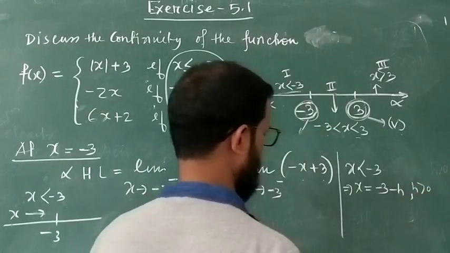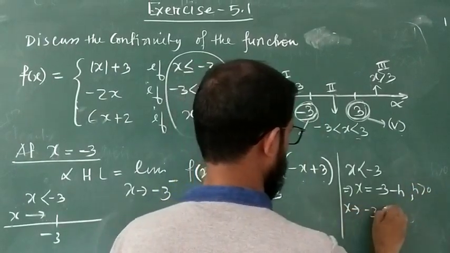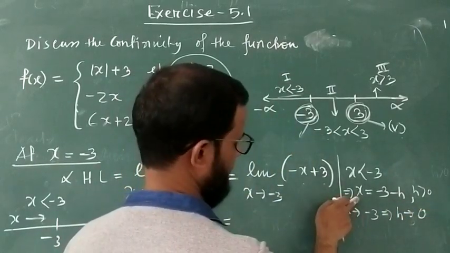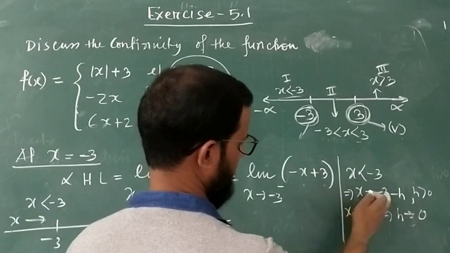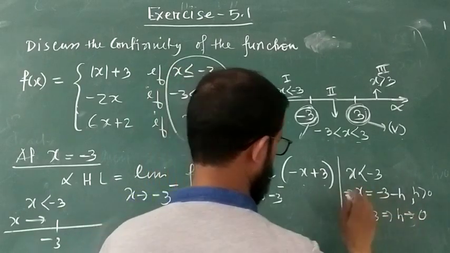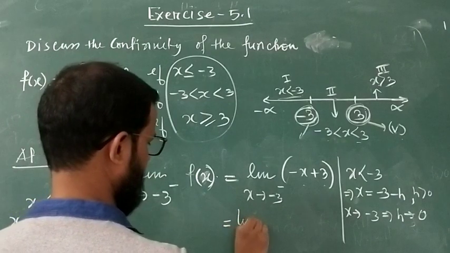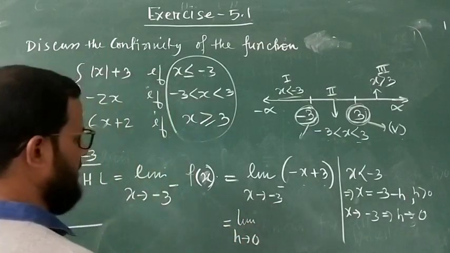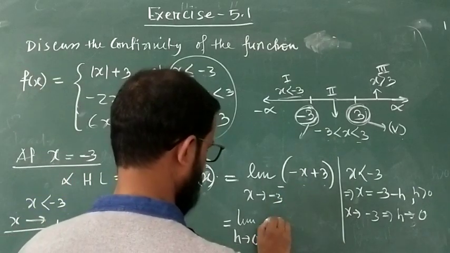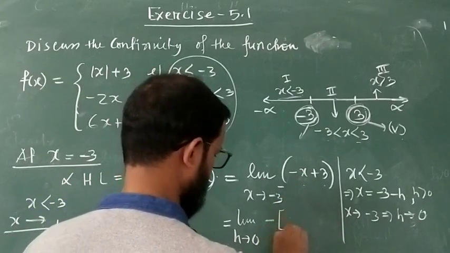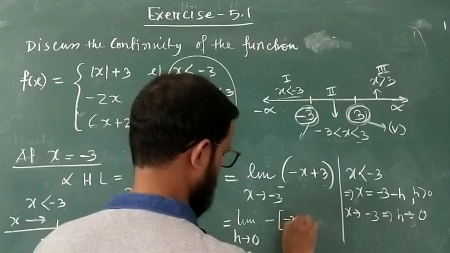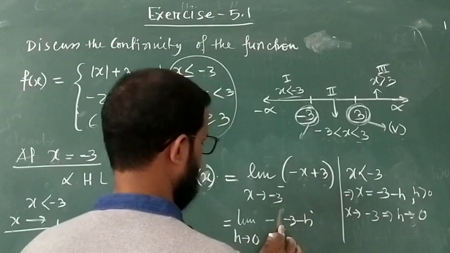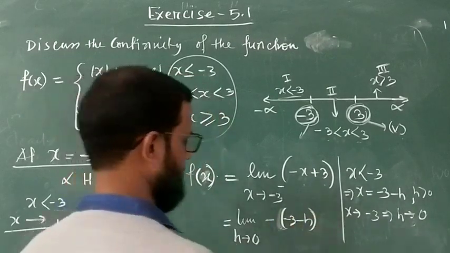Here x tends to minus 3 implies h tends to 0. If you put the approximate value x equal to minus 3, the minus 3 cancels, so h tends to 0. So you can write the limit as h tends to 0, and for x less than minus 3 it is minus x. Here x is replaced by minus 3 minus h, so minus of (minus 3 minus h) plus 3.